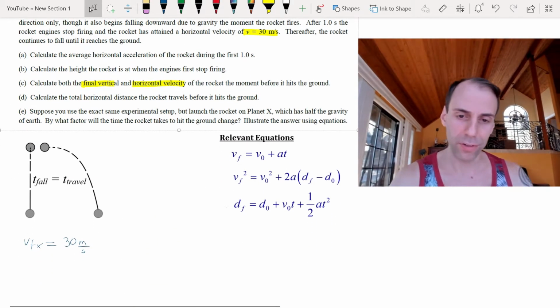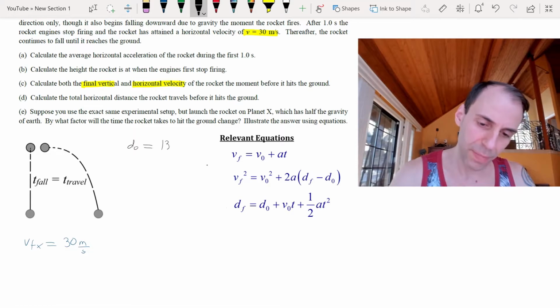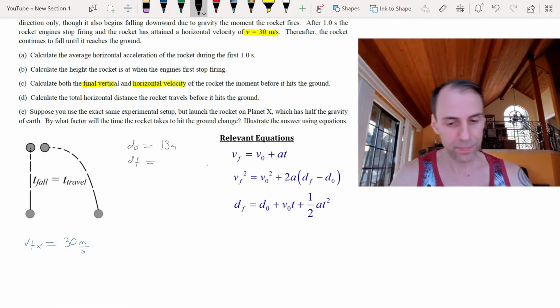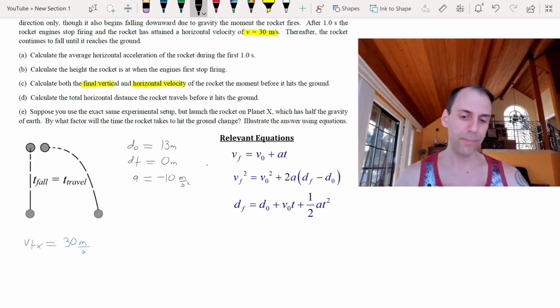Let's state our givens. The initial distance is 13 meters in the air. The final distance is 0 meters. It's falling downward under gravity, so the acceleration again is negative 10 meters per second squared.